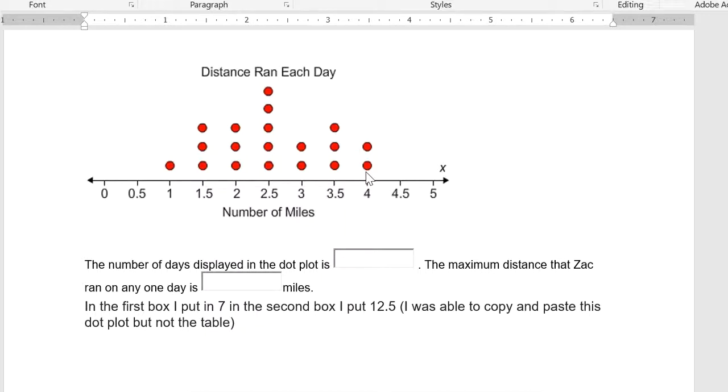If he would have marked 12.5, it would be on the x-axis way out here, way beyond the range of this data. So it seems as though you may have totaled some of these when in fact you were just looking for what's the maximum that he ran on any one day. So the answer here would be 4.